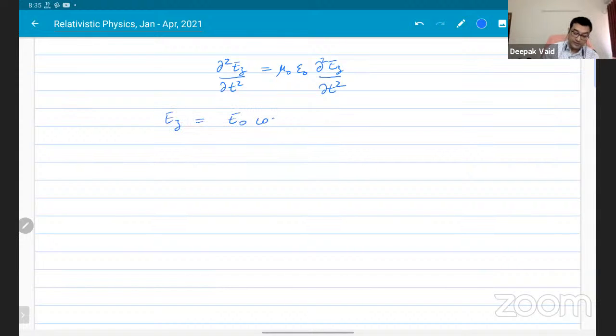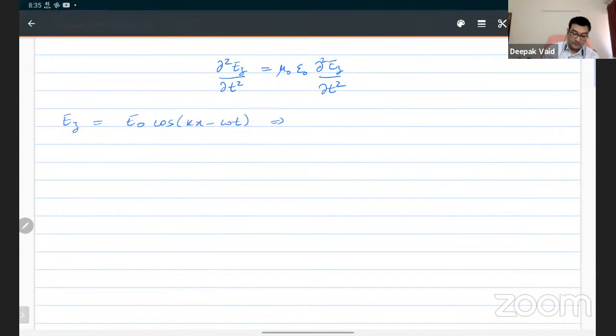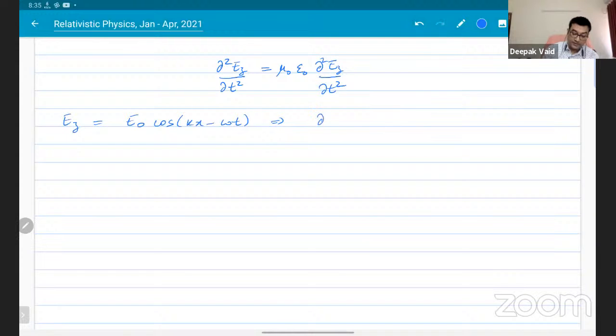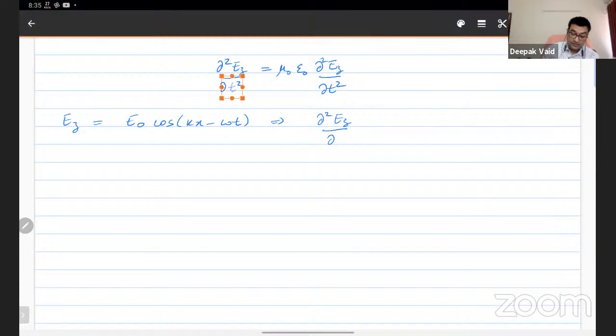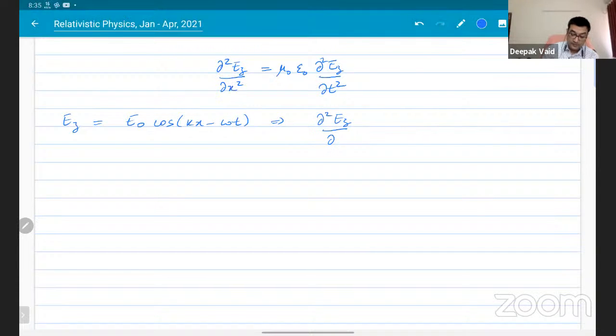I make this assumption, and this ansatz gives me minus k squared Ez and minus omega squared Ez.